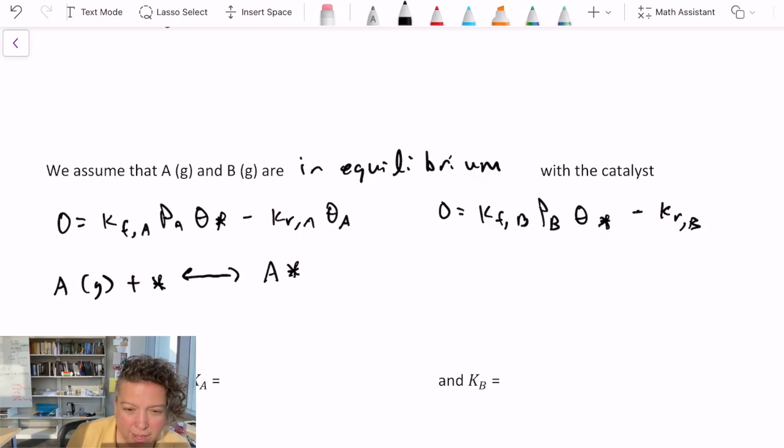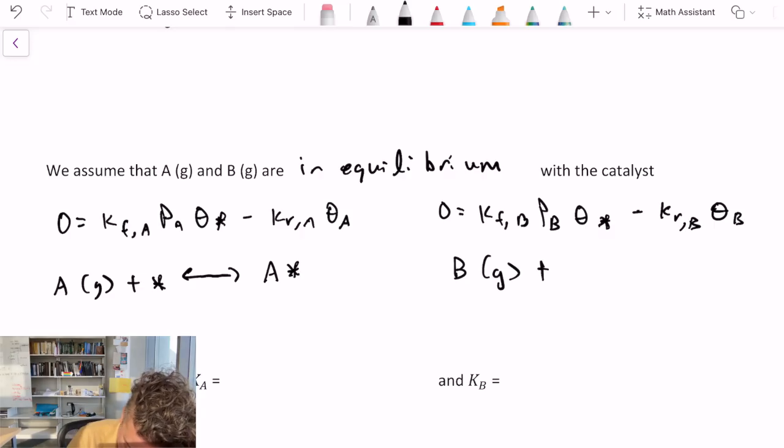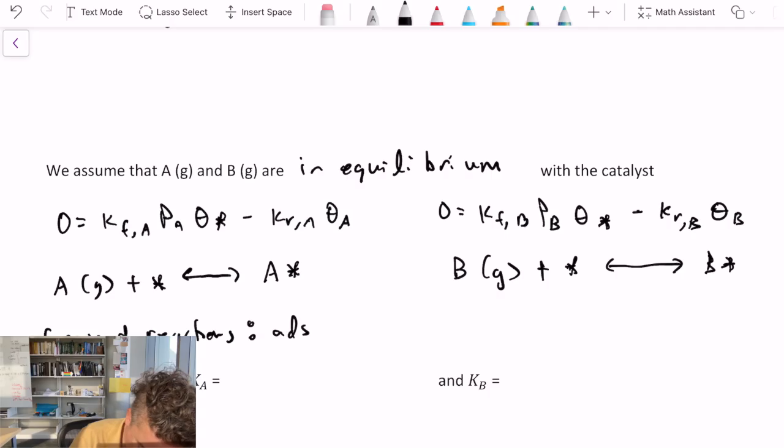The k_f's are rate constants for adsorption, and the k_r's are rate constants for desorption. Forward reactions are adsorption, reverse reactions, desorption.